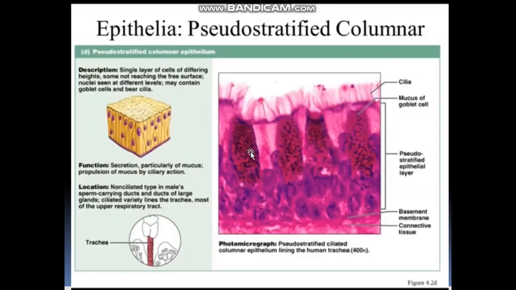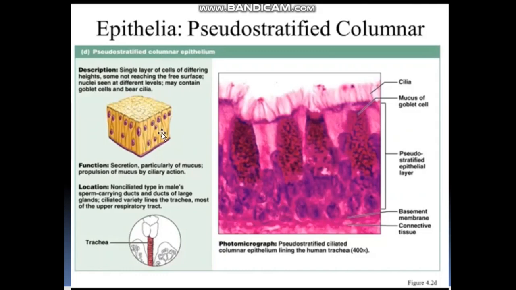Now let's go to pseudostratified columnar. Besides simple and conventional stratified epithelia, we also have pseudostratified epithelia. That includes just one layer of cells which rest on the basal lamina, but it appears like stratified. The key point here is that the cells have different shapes.